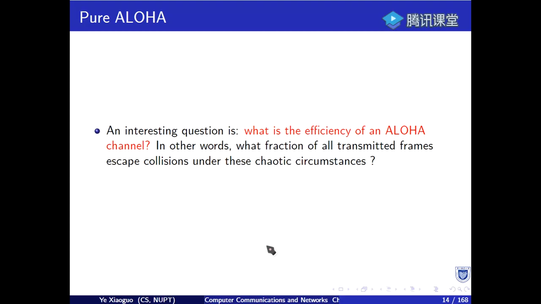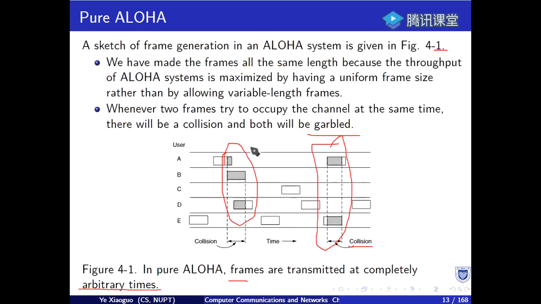Now, an interesting question is, what is the efficiency of an Aloha channel? In other words, what fraction of all transmitted frames escape collision under these chaotic circumstances? Since the frames are transmitted at completely arbitrary times, there must be many collisions in the system.